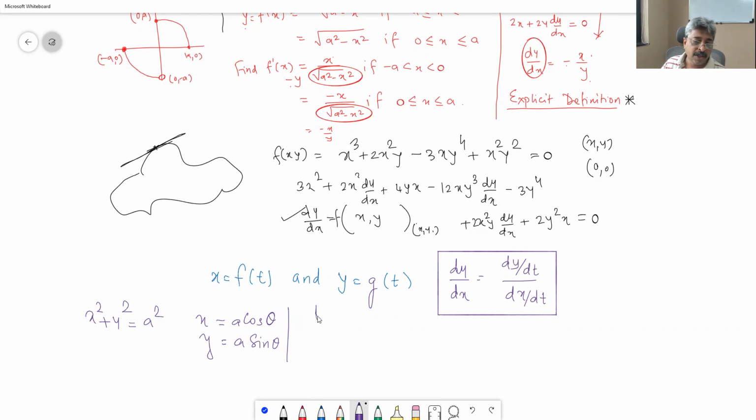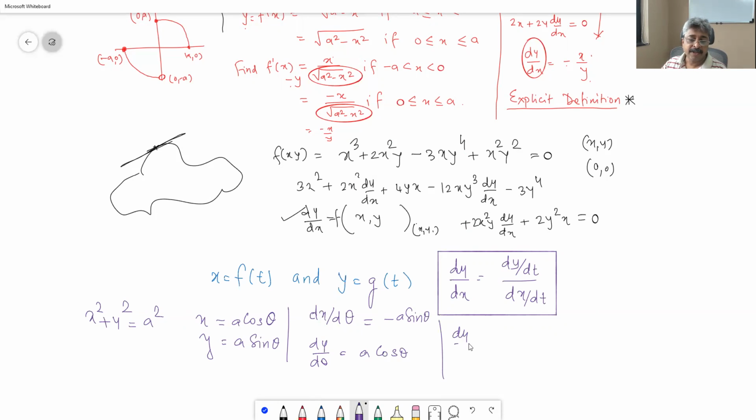What is dx by d theta? dx by d theta is equal to minus a sin theta. Correct? And what is dy by d theta? Is equal to a cos theta.